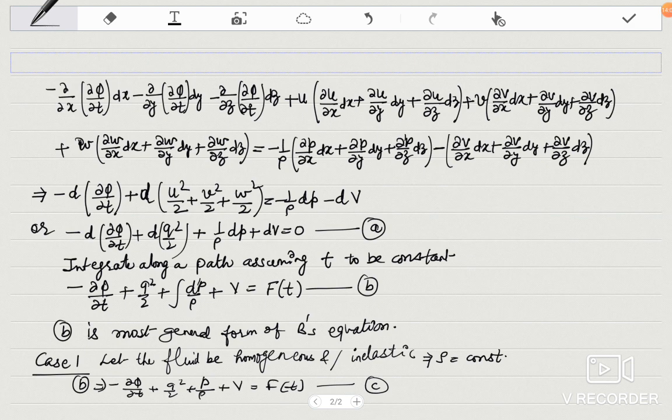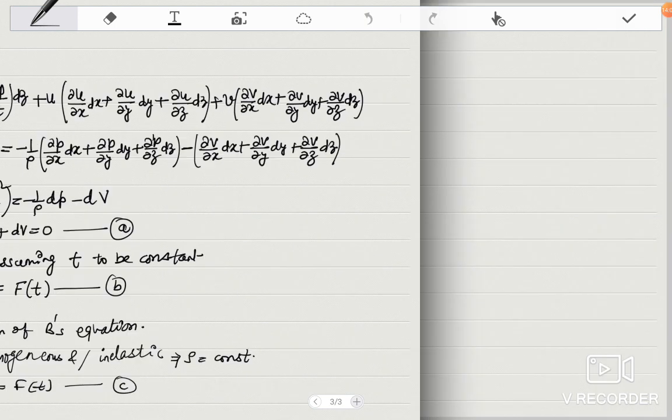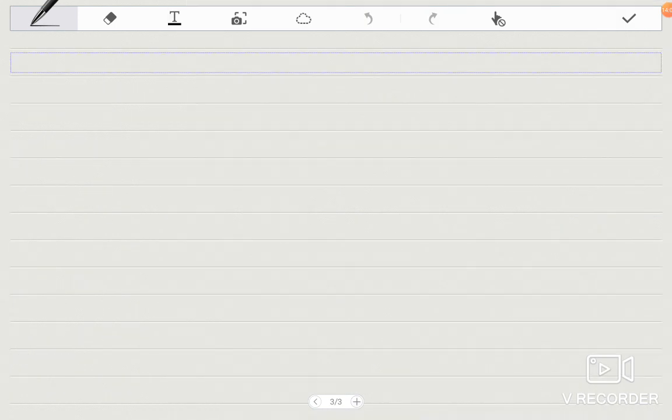Now I take another case, case 2. In case 2 I assume that flow is steady. Now naturally when the flow is steady, its properties are not depending upon time.